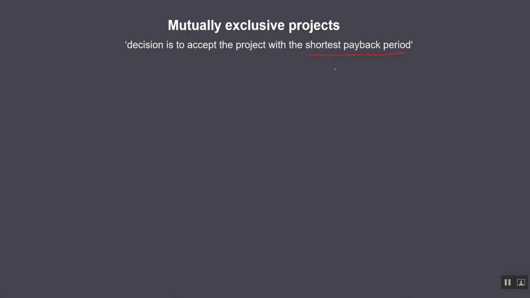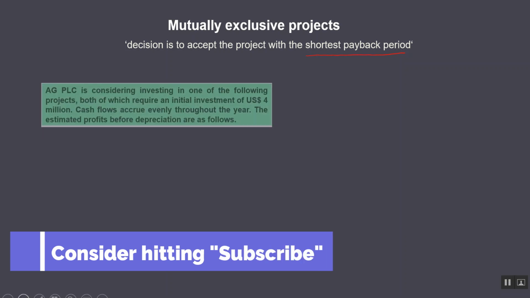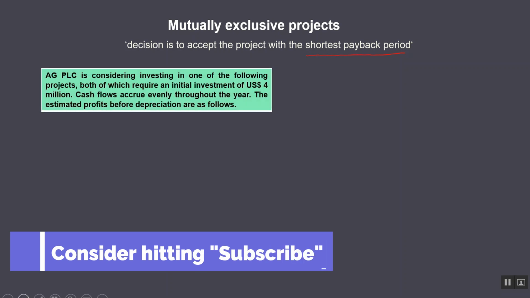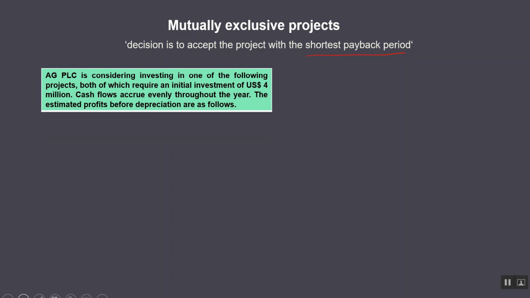Now in order to explain this, let me take an example. AG PLC is considering investing in one of the following projects, both of which require an initial investment of $4 million. So the initial investment is 4 million. Cash flows accrue evenly throughout the year. The estimated profit before depreciation is as follows.